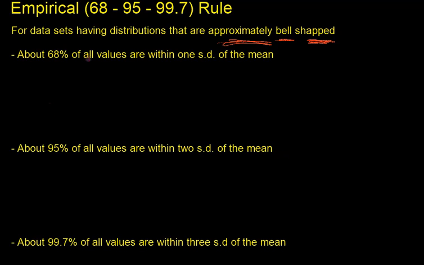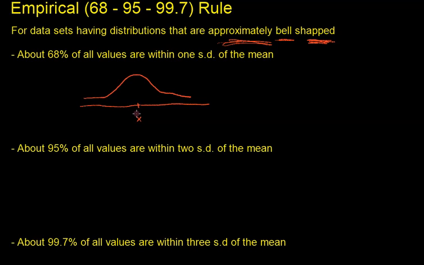About 68% of all values are within one standard deviation of the mean. 95% are within 2 standard deviations of the mean. 99.7% of all values are within 3 standard deviations of the mean. If we were to draw this out, this is my bell-shaped distribution, approximately normally distributed, and here is the center.